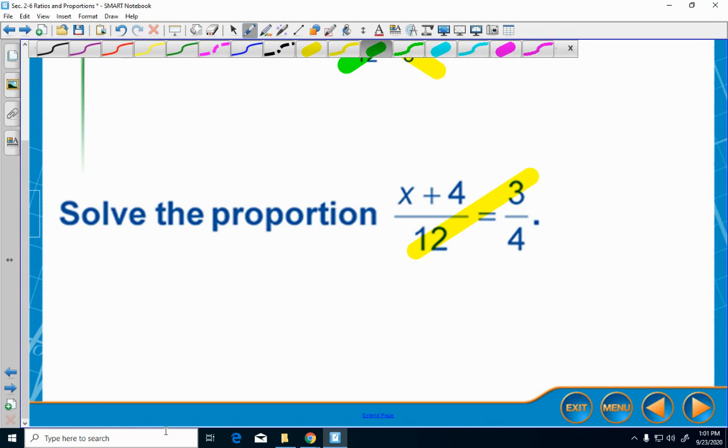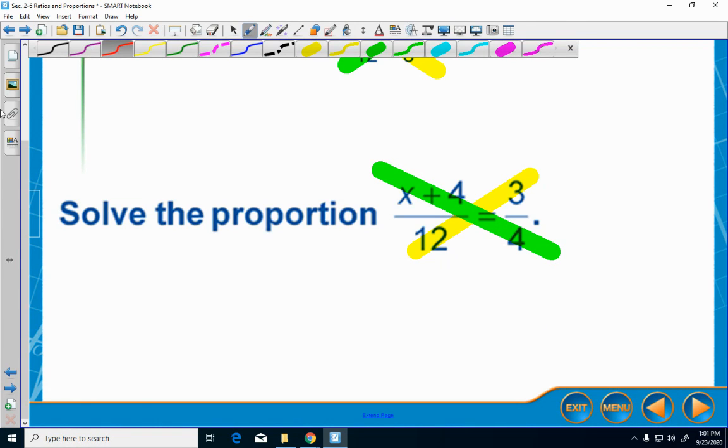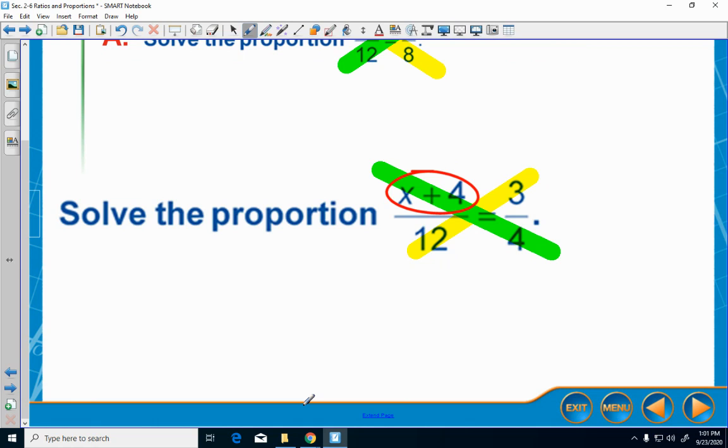Now, the yellow diagonal and the green diagonal have to equal each other. Are we in line with that statement? So if yellow's worth 36, green's also got to be worth 36. But you can see that green already has one of the factors given to you. Can you tell me the other factor that would need to be right there in order to also equal 36, like the yellow? 9.